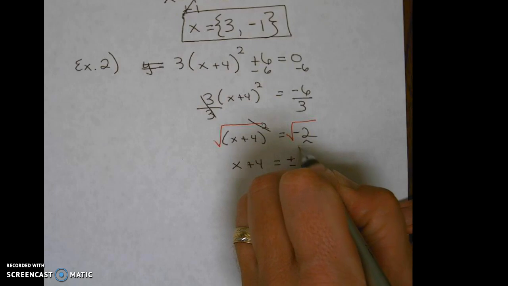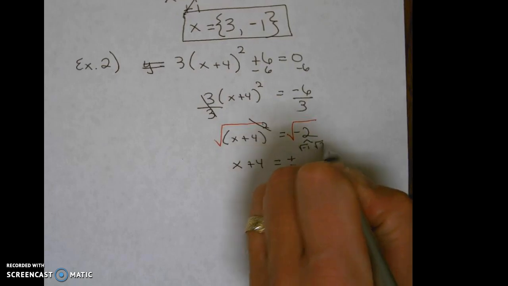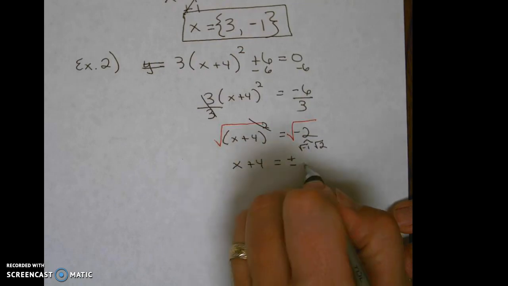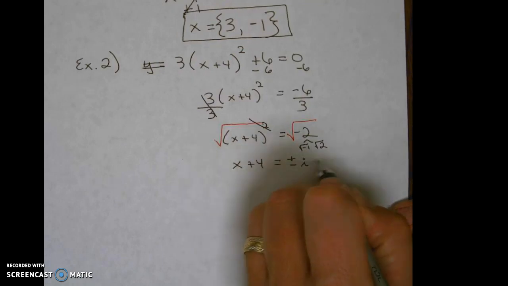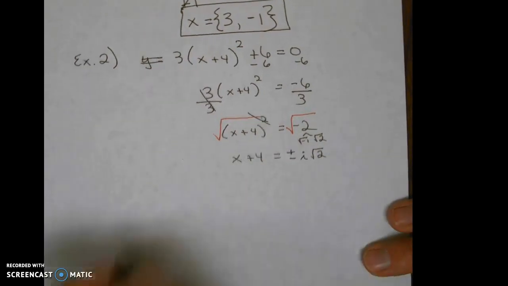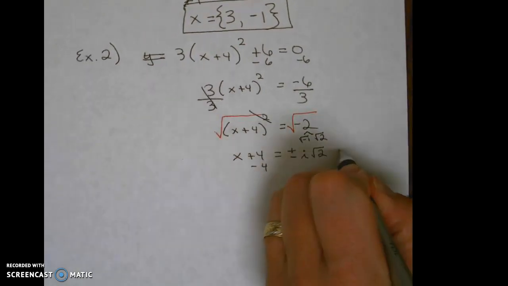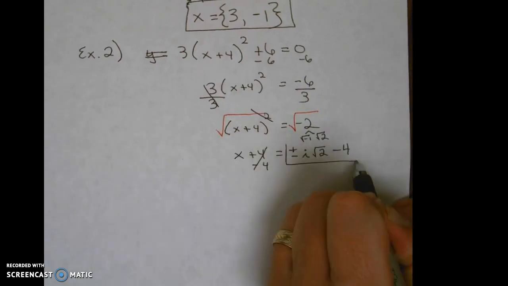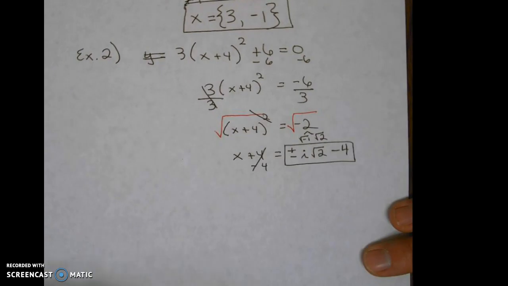And that's going to be the square root of negative 1 times the square root of 2. And we know the square root of negative 1 is i. And then we put the square root of 2 down. Finish solving for x. And there are our 2 solutions.